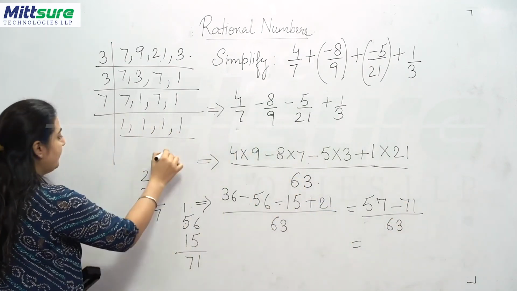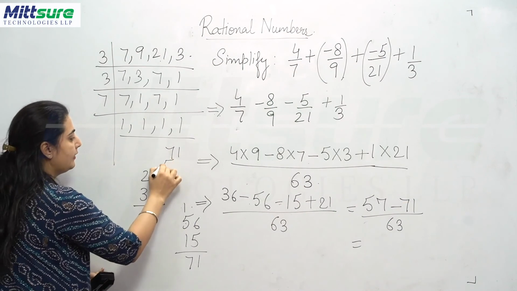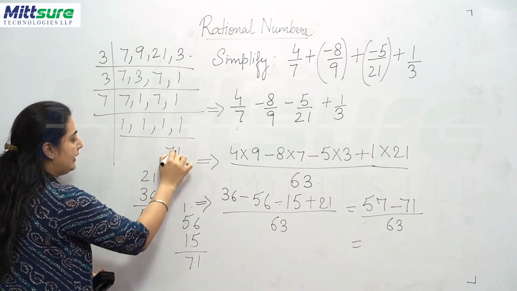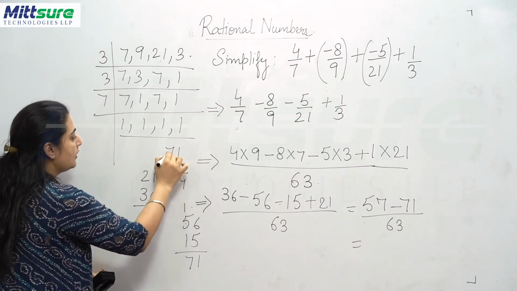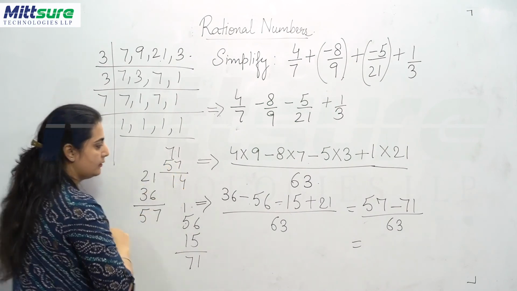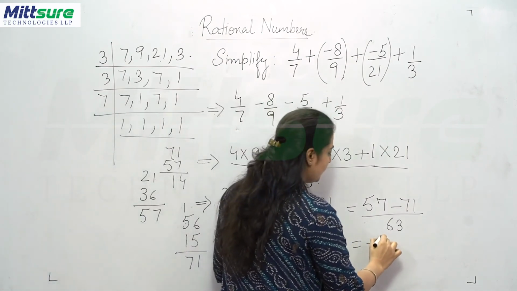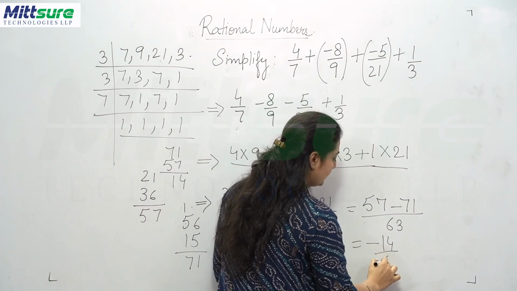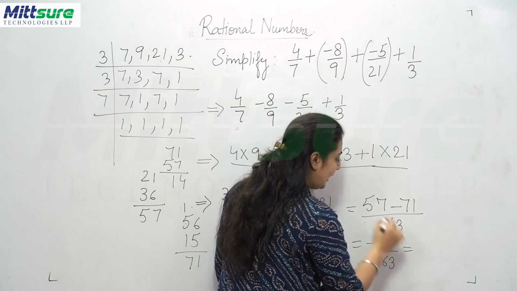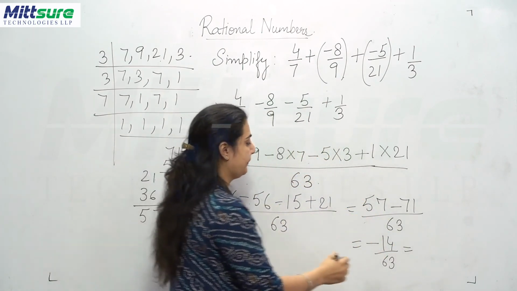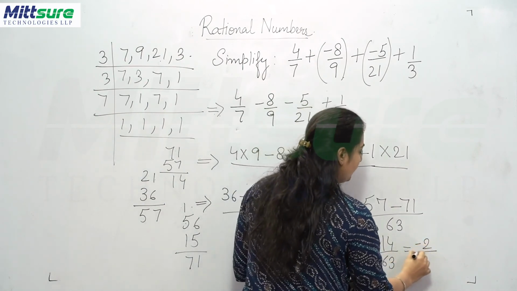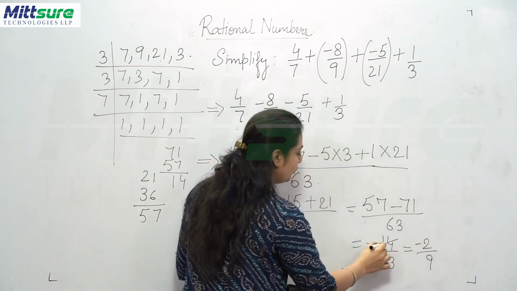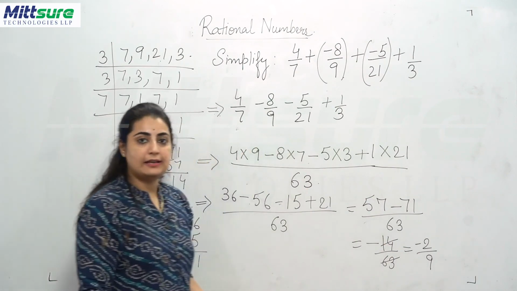Now from 71 you subtract 57. 11 minus 7 is 4, 6 minus 5 is 1. So your answer comes minus 14 upon 63, which will again be reduced to minus 2 upon 9, because they both are divisible by 7.